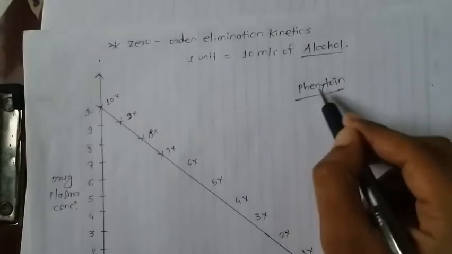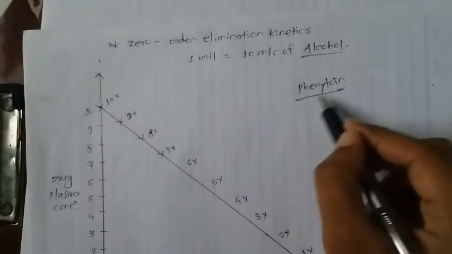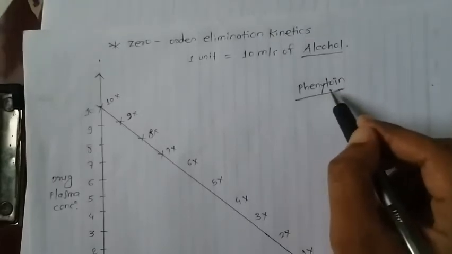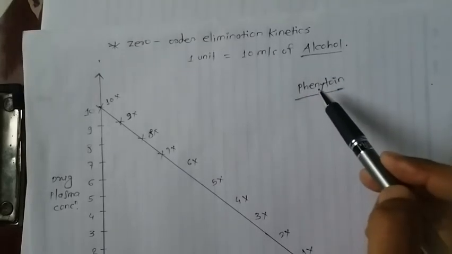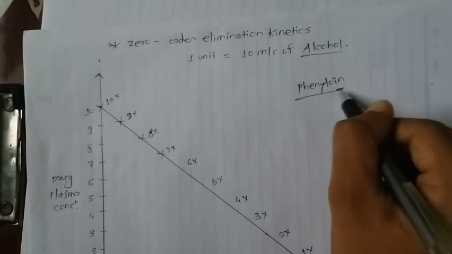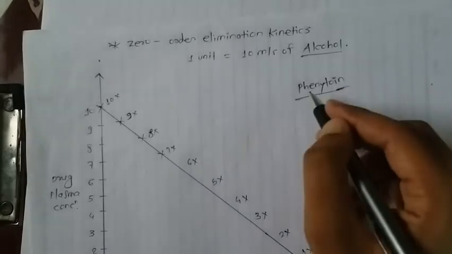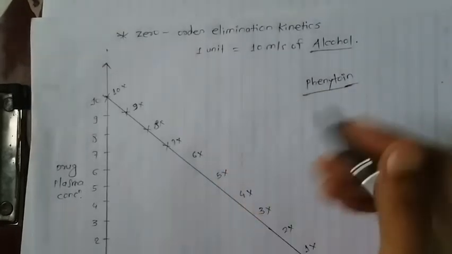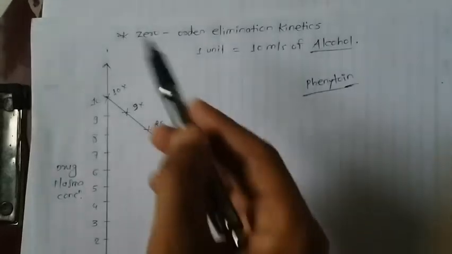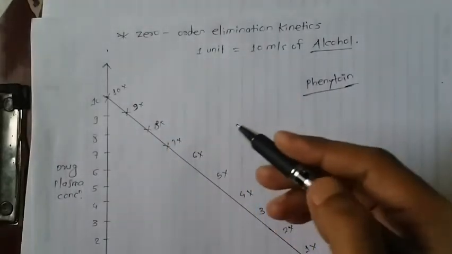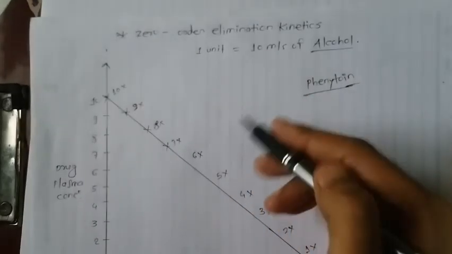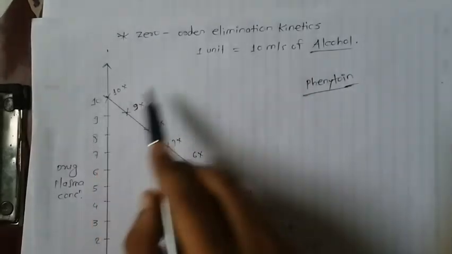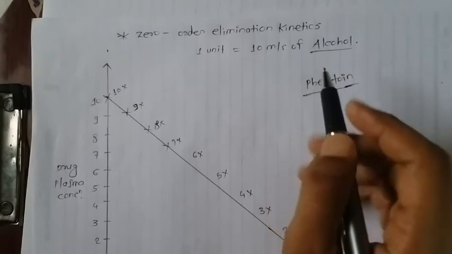This is very important because at high concentration phenytoin is eliminated by zero order kinetics, so we have to adjust the dose to prevent adverse effects. So this is about zero order kinetics, in which the drug eliminated by the body is independent of the concentration of the drug present. So it follows a linear line.